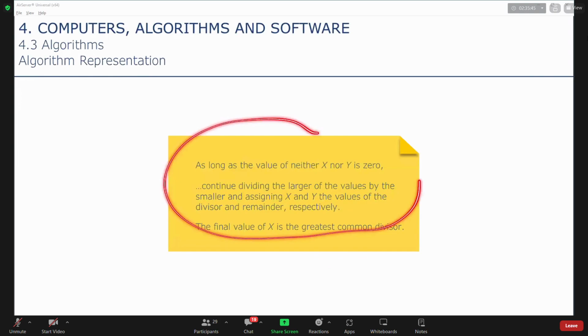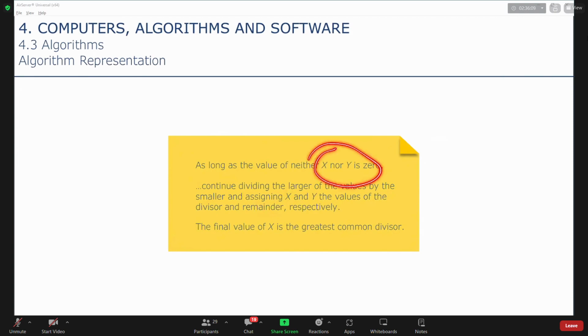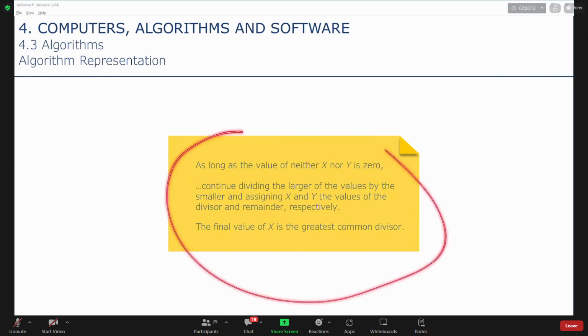And here is the algorithm how you can do that. So as long as the value of neither x nor epsilon is 0, you're dividing the larger value by the smaller, and you are assigning the value of the divisor to x and the value of the remainder to epsilon. And you are doing it as long as x or epsilon is not 0. So that's now in written form.